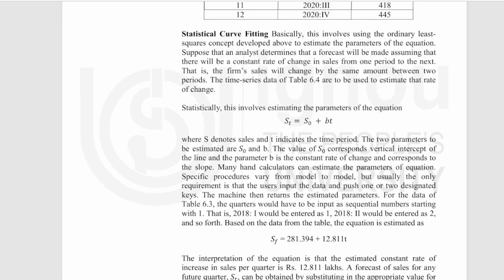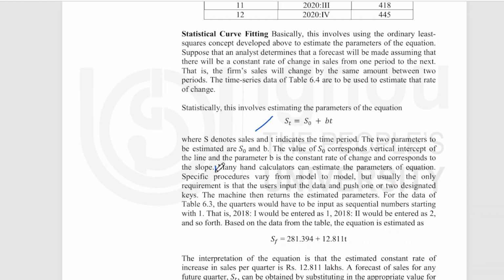Here S denotes sales and t indicates the time period. So here is the equation: S_t = S_0 + bt. The two parameters to be estimated are S_0 and b. The value of S_0 corresponds to the vertical intercept of the line, and parameter b is the constant rate of change and corresponds to the slope.